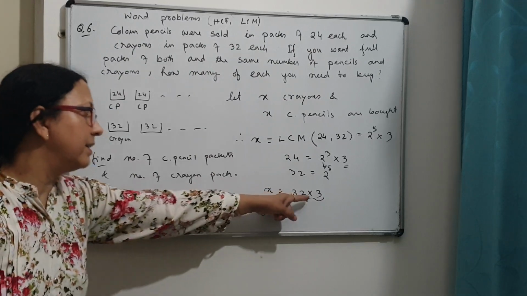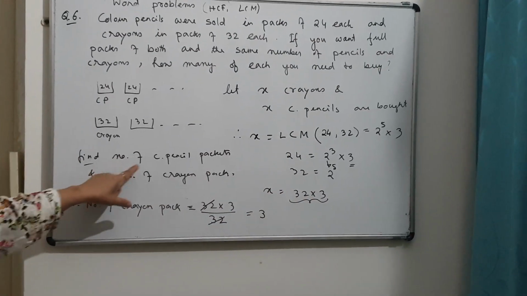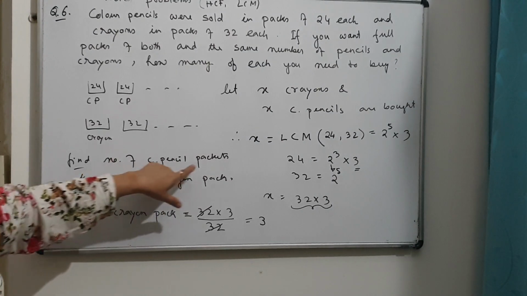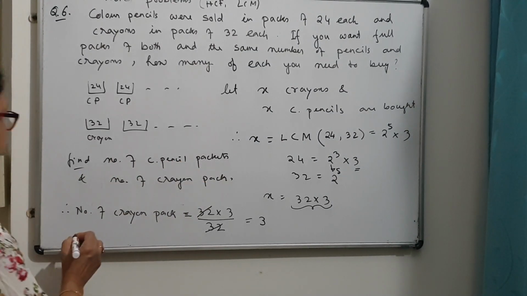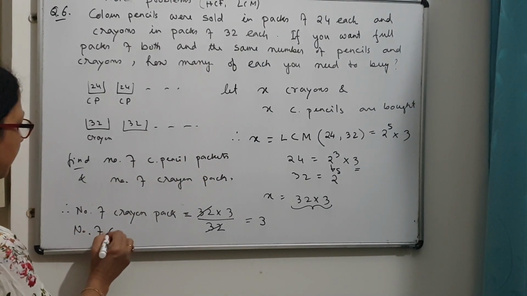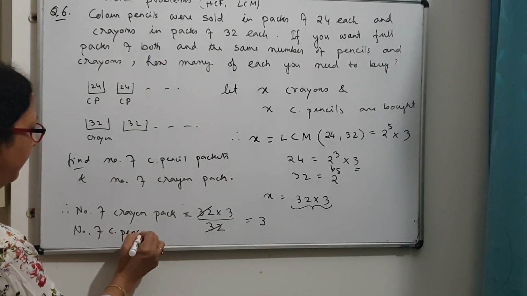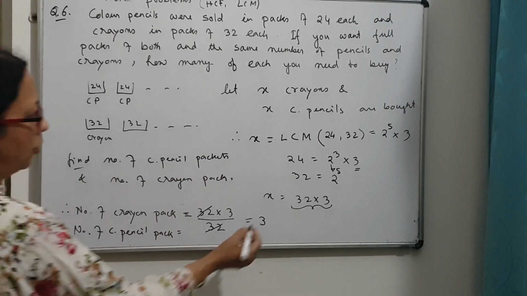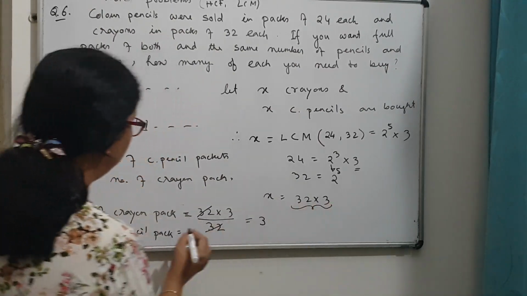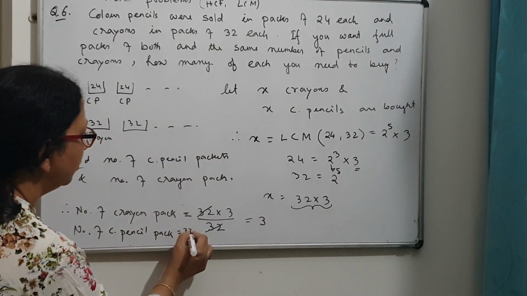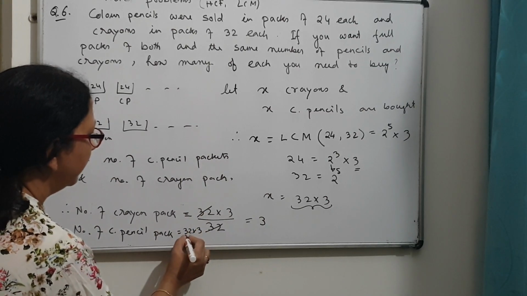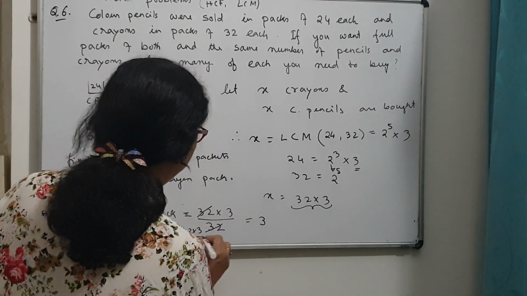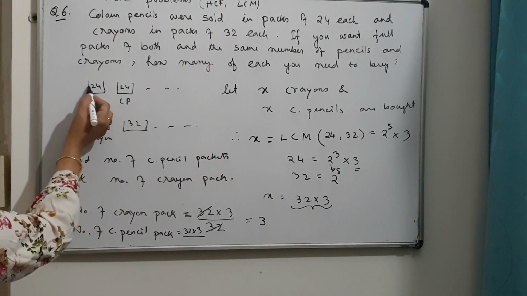That was not the final answer. The final answer is the number of crayon packs and the number of color pencil packs. Similarly, the number of color pencil packs will be the total number of color pencils, again 32 into 3, divided by how many in a pack, 24.